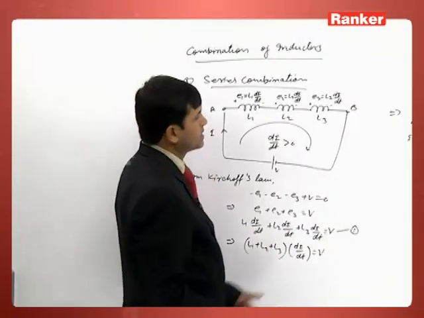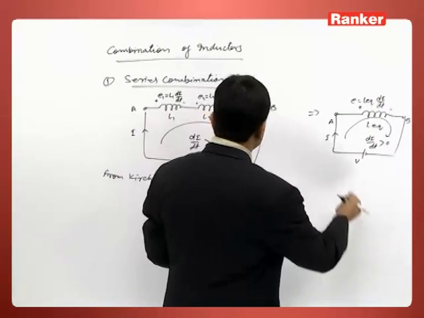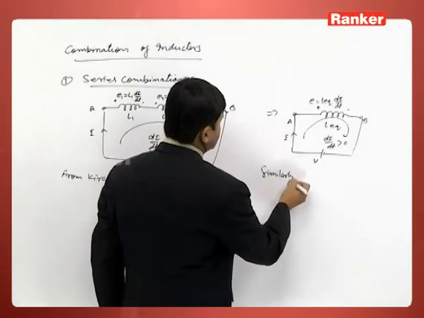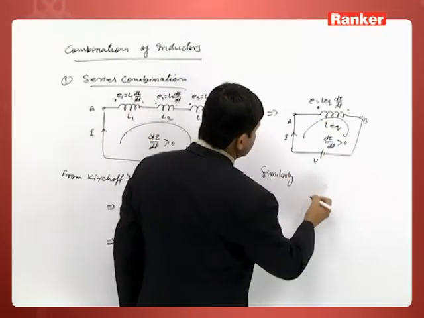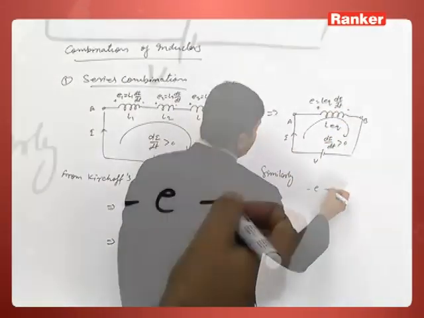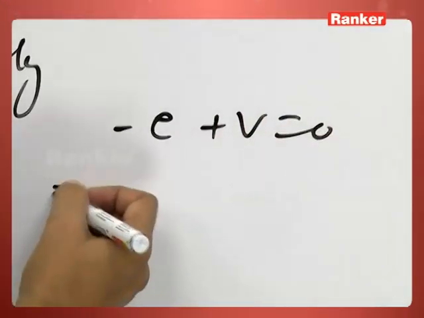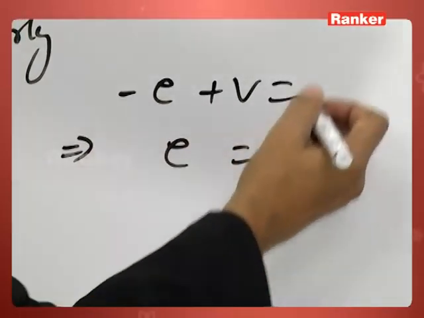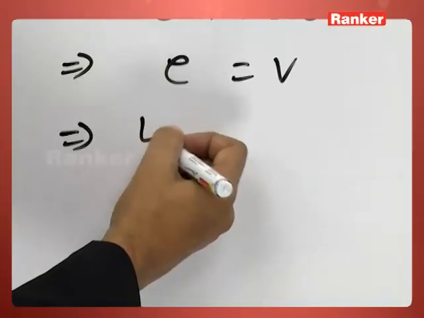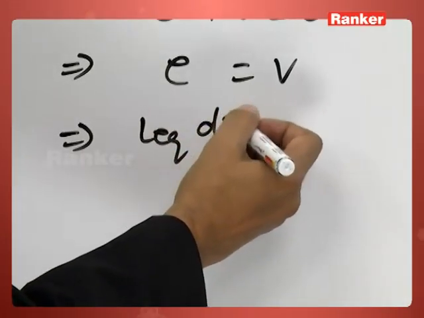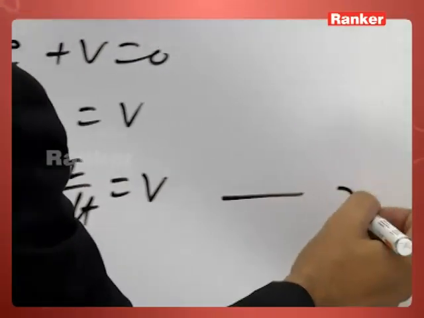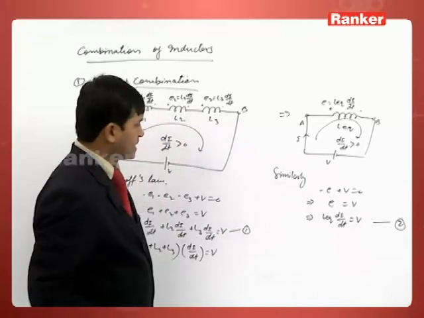Similarly, if we apply Kirchhoff's law here, we get minus E plus V is 0, so E is equal to V, and E is further written as L equivalent di by dt is equal to V. Let this be the second equation.